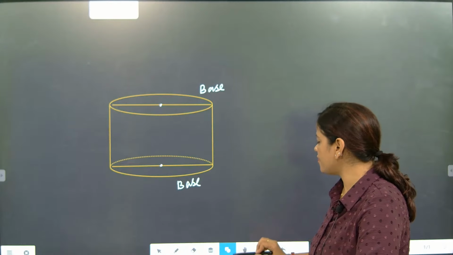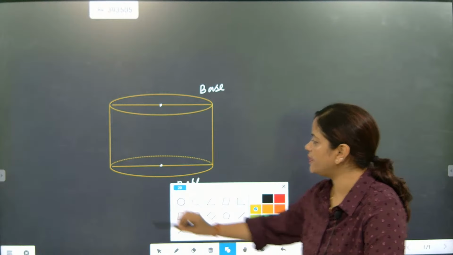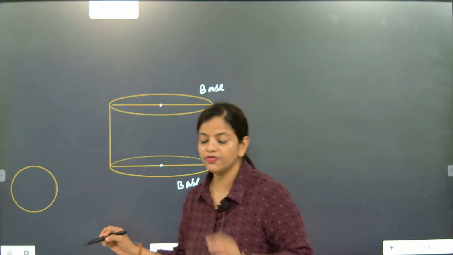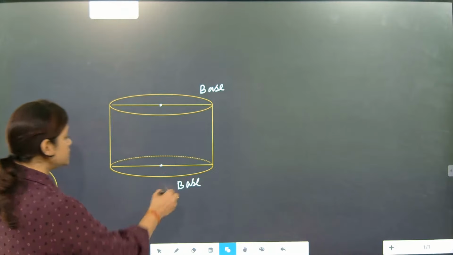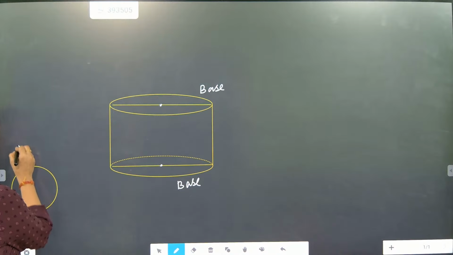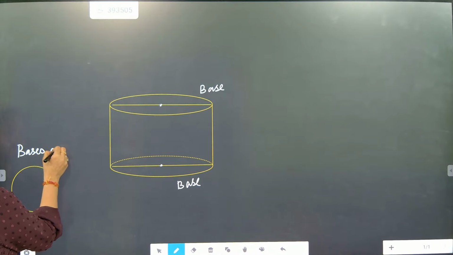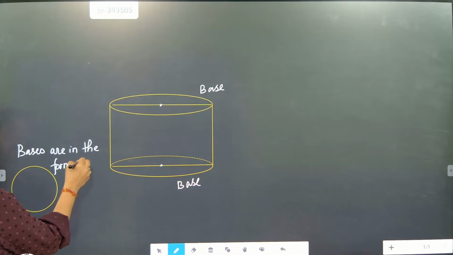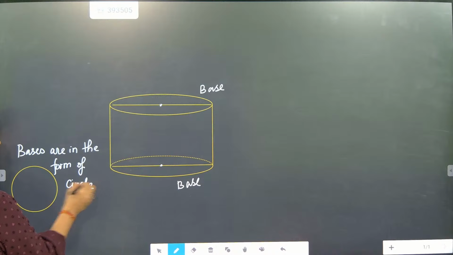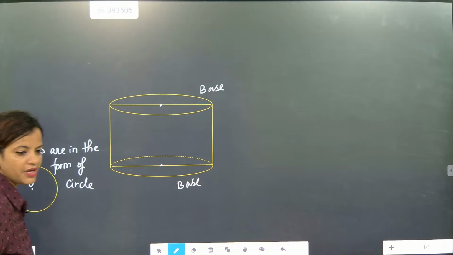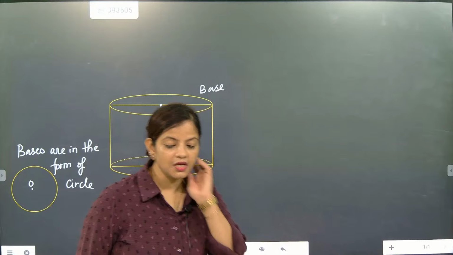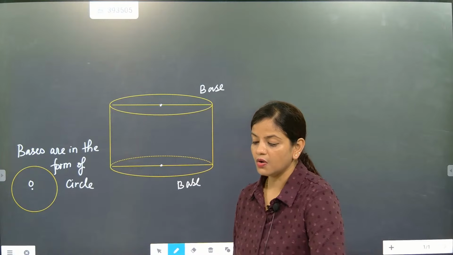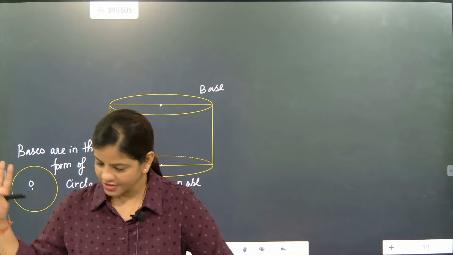Now what is the shape of the base region? The shape of the base region is a circle. The bases are circle. So these bases are in the form of circle with center O. Bases are in the form of what?